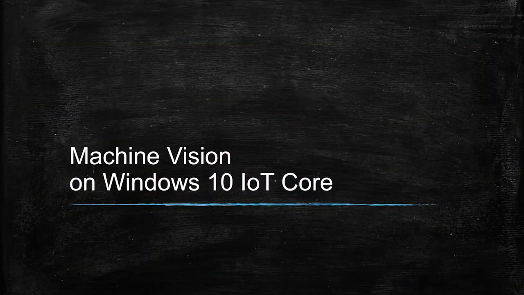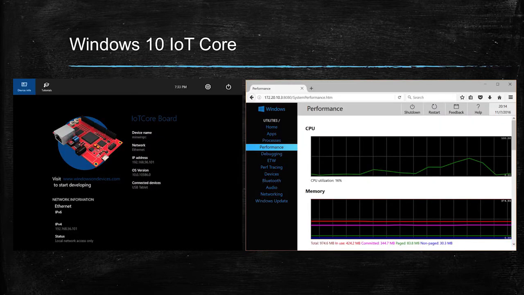So how does machine vision work on Windows 10 IoT Core? When you download Windows 10 IoT Core, install it on the SD card, plug it into this device, and connect to the display, you will get a screen like that. It shows some basic information about your board.